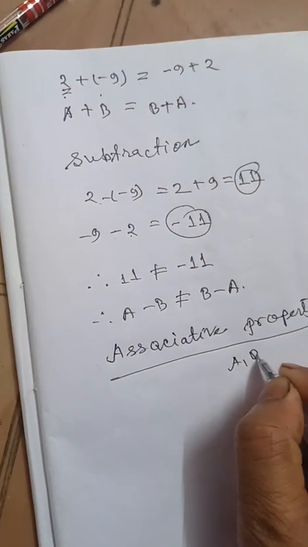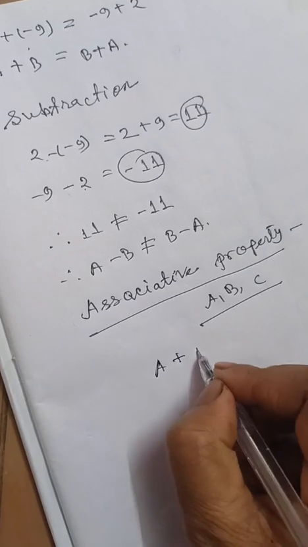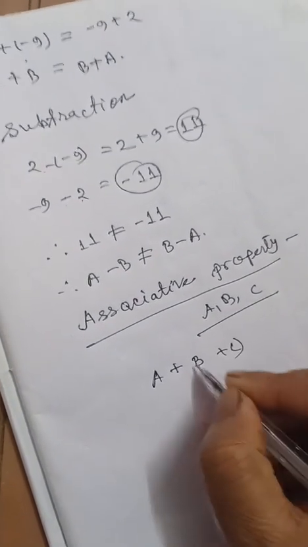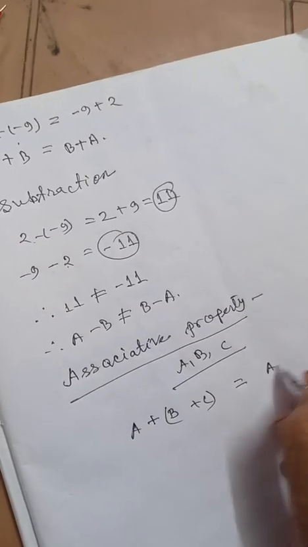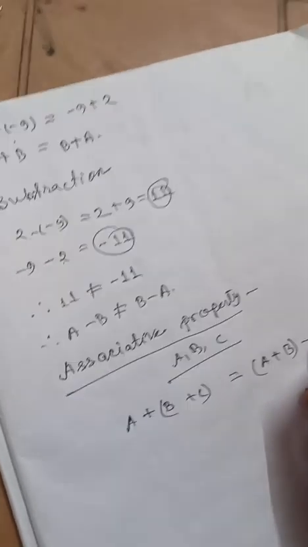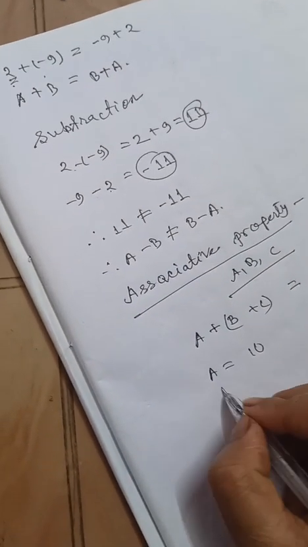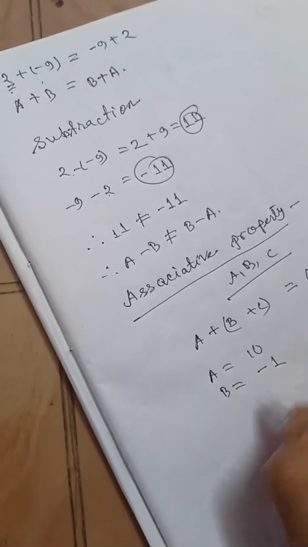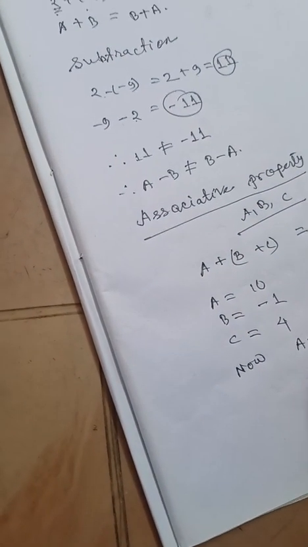If A, B, C are 3 integers, then A plus B plus C with bracket is equal to, now we remove the bracket, A plus B plus C. Example, take. Suppose A is equal to 10, B is equal to minus 1 and C is equal to suppose 4.